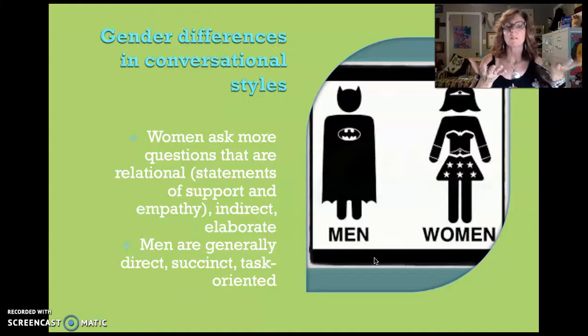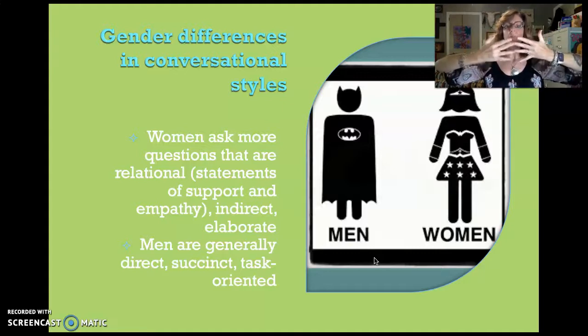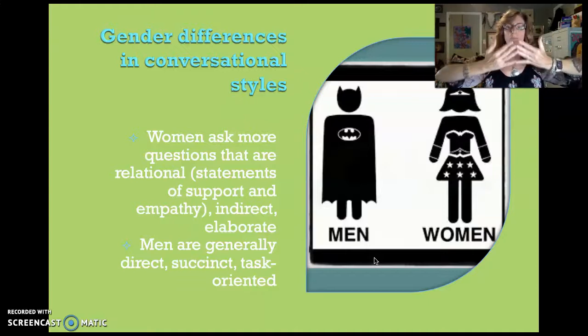And maybe women can learn how to get to the point quicker, right? It's how we can then meet each other in the middle, but realize these differences are there. And how can we understand each other rather than being mad about it? Oftentimes, this is a result of a communication conflict that people have. So maybe we can think of that differently.